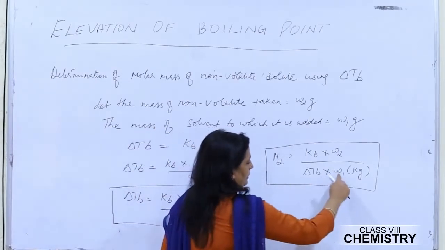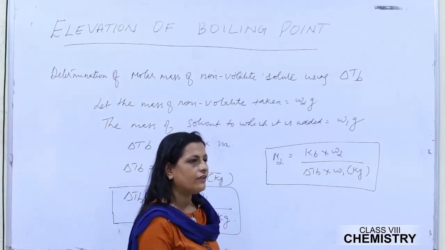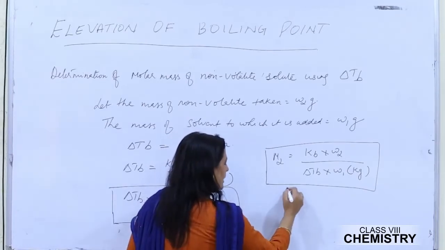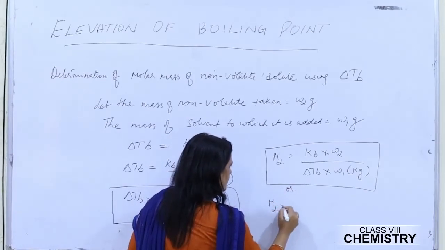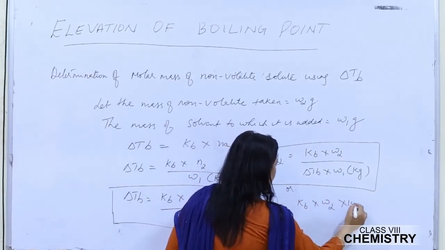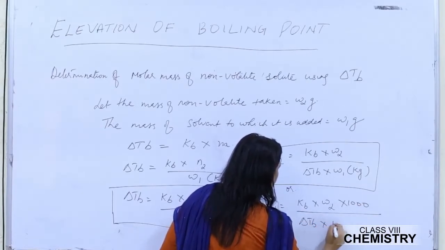So using this equation, we can calculate the molar mass of non-volatile solute. We know the mass of the solvent should be in kg. In most questions, the mass of the solvent will be given in grams, so you have to convert it into kg. Or you can directly use this equation in such cases: M2 is equal to Kb into W2 into 1000 divided by delta Tb into W1.